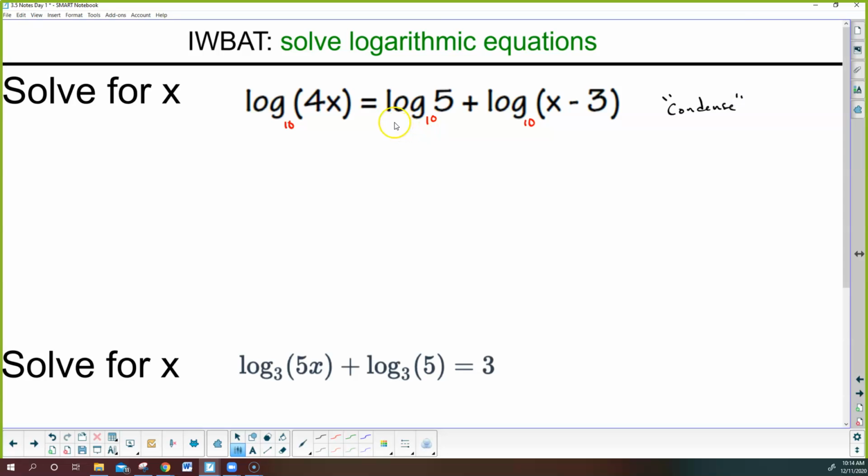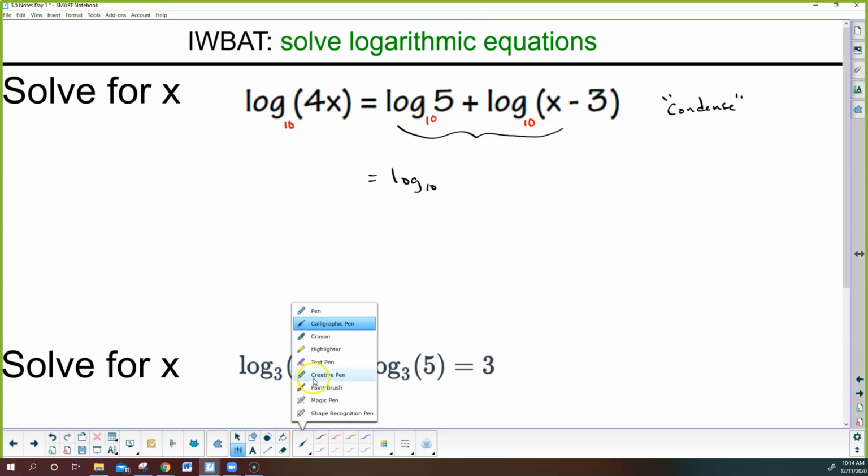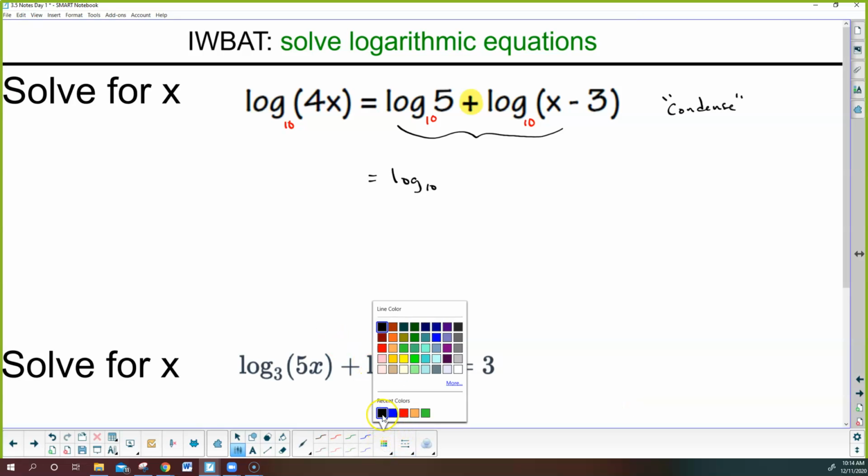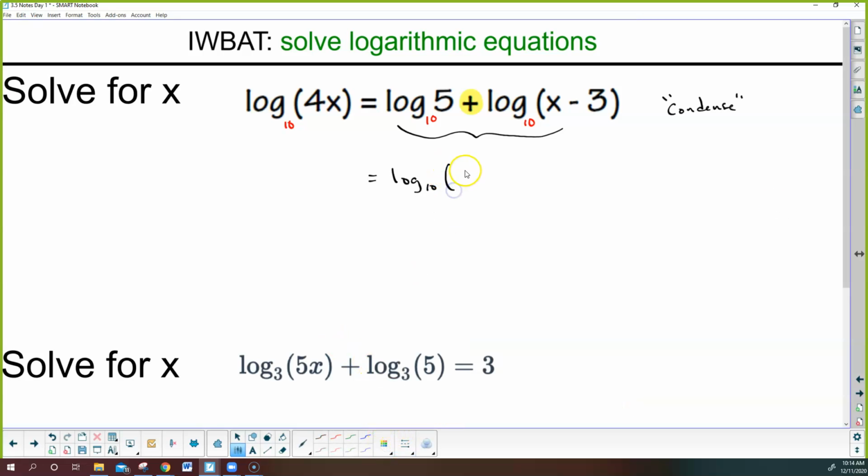We're going to condense the right side first, and this is our properties from the other day. When we had addition, right? That addition of two separate logs, we could rewrite as the multiplication of one.